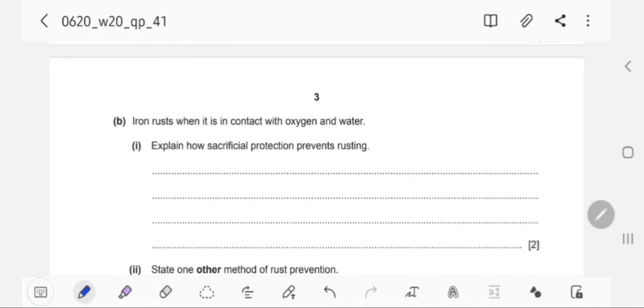Explain how sacrificial protection prevents rusting. Okay, they are linking this question to iron rusting when it is in contact with oxygen and water. So in part 1, explain how sacrificial protection prevents rusting.